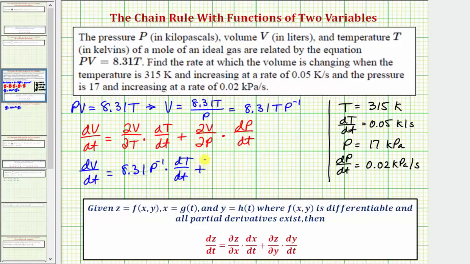And then we have plus the partial derivative of V with respect to P. So we'll differentiate with respect to P, treating T as a constant. We multiply by negative 1 and then subtract 1 from the exponent on P. So we'll have negative 8.31 T times P raised to the power of negative 2, times dP/dt. Notice how here we can write this as a difference rather than plus a negative. Let's continue on the next slide.